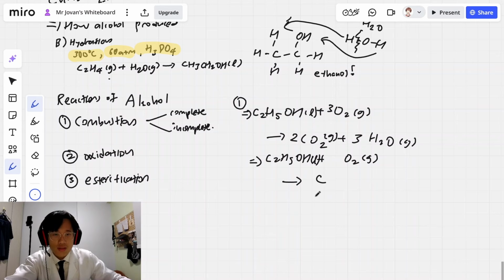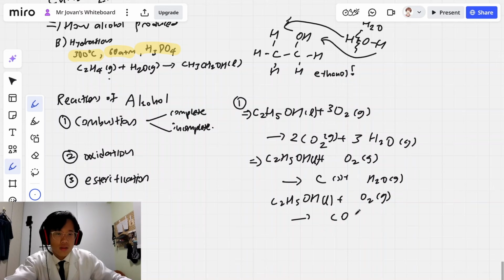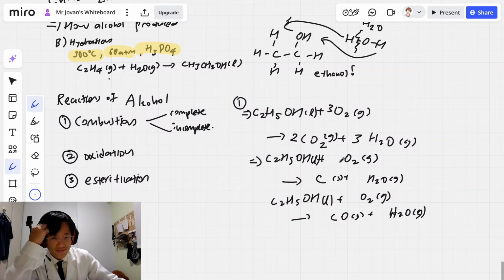Let's continue. So C2H5OH liquid plus O2 gas gives CO and H2O. Remember, H2O is a gas, because it's so hot that all the water evaporates. So all you have to do is balance it.